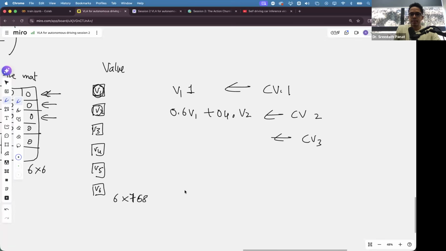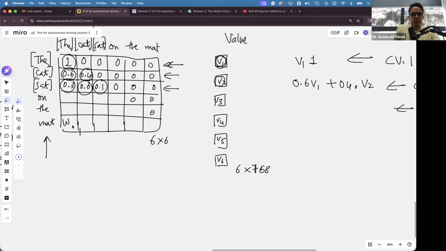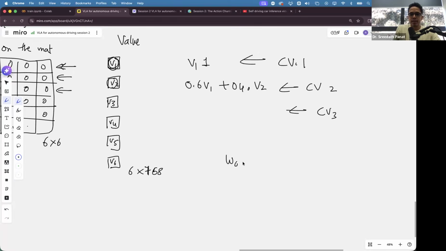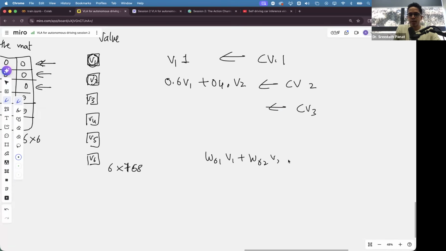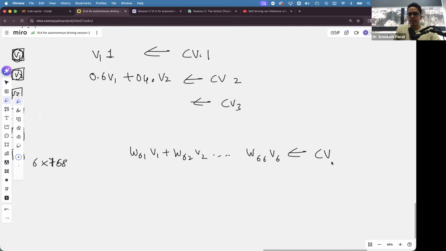Like that, the last one will be simply, let's call this W61, W62, W63, W64, etc. The last one will be W61 times V1 plus W62 times V2 and so on. And last one will be W66 times V6. This will be the context vector number 6.